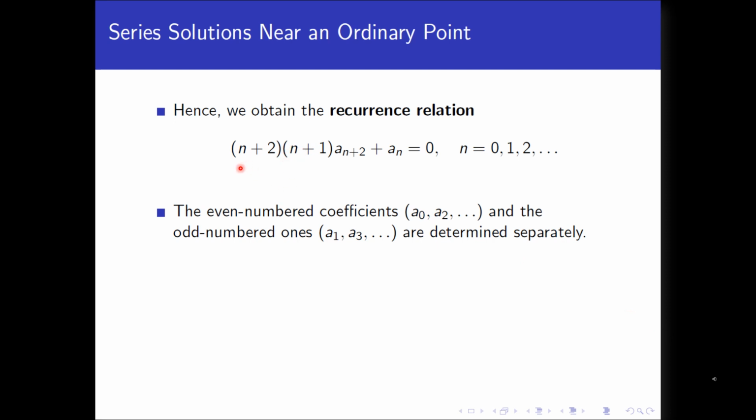And as we observe, if we start with a0, we can derive all the even-numbered coefficients, like a2, a4, a6, and so on. And if we start with a1, we can derive all the odd-numbered coefficients, like a3, a5, and so on.